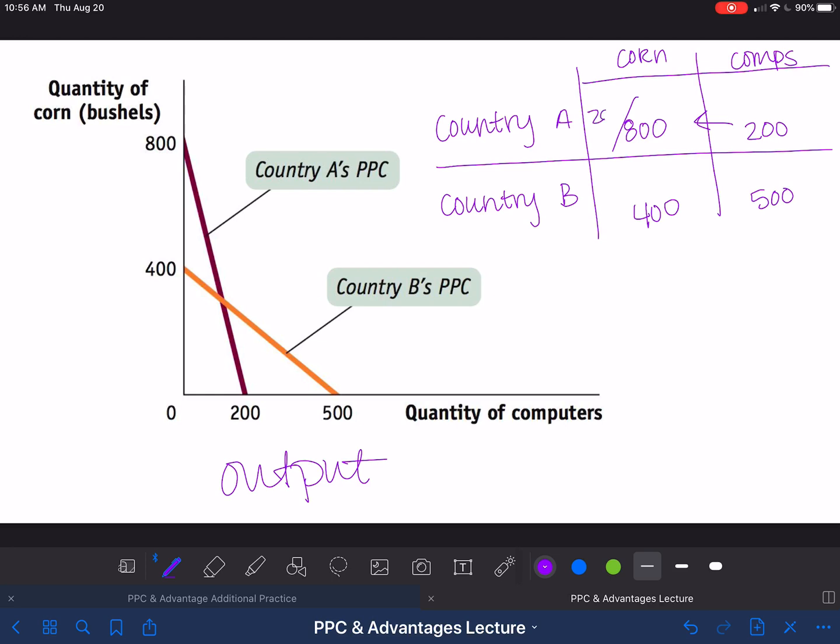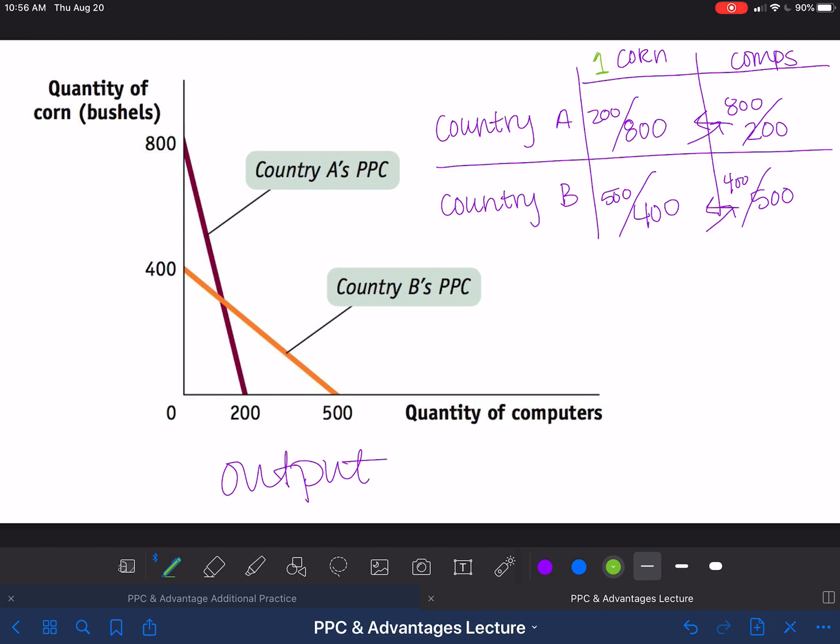So I'm going to have 200 over 800, and then 800 over 200, 500 over 400, and then 400 over 500. So let's look at our opportunity costs here. I'm going to change color since my boxes are a little small here.